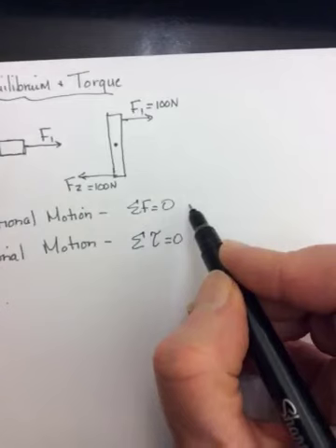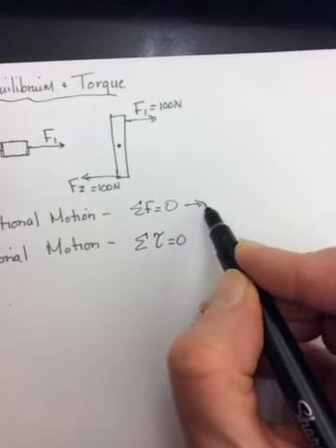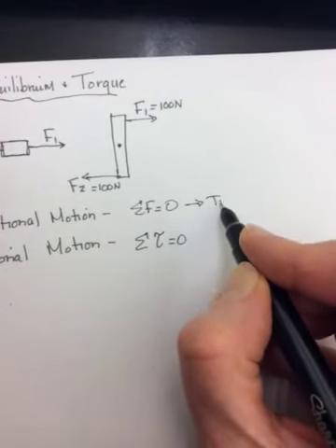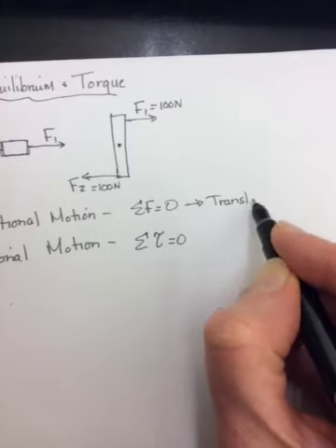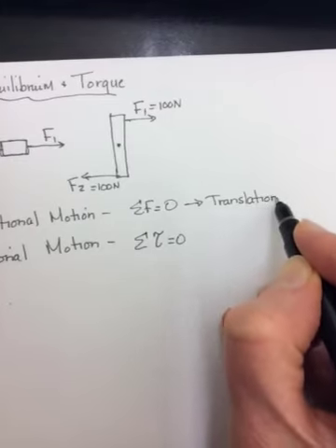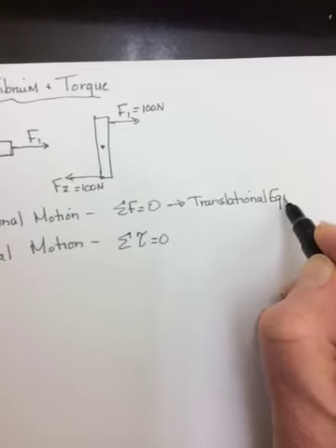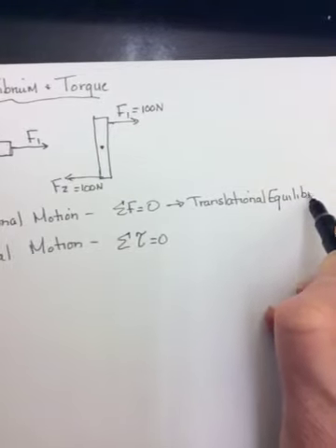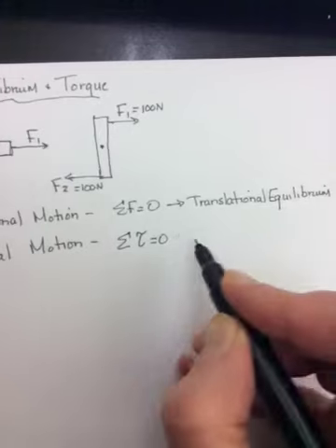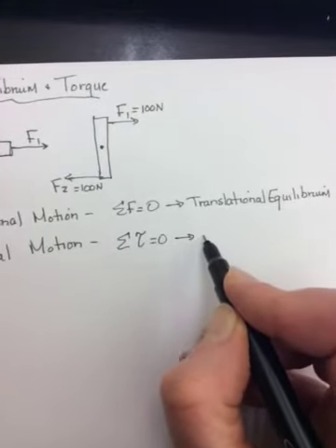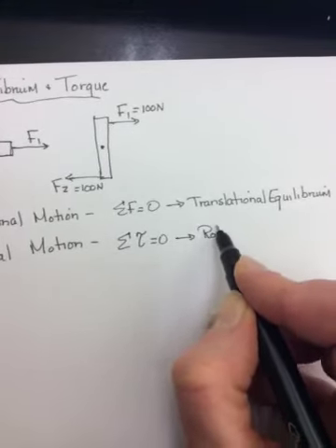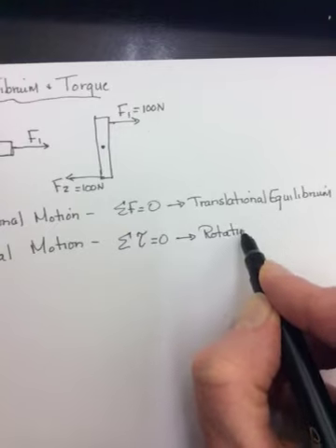Actually, when the sum of the forces is 0, we say the object is in translational equilibrium, because technically it could be moving at constant speed. Translational equilibrium. And when the sum of the torques is 0, it's in rotational equilibrium.